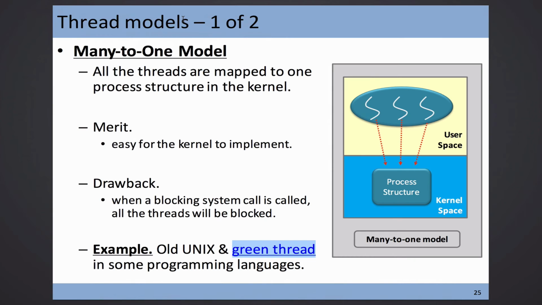That means you go down to the kernel level. The kernel doesn't think that you should continue to run. You have to wait for something. One thread calling it will hold hostage all threads. All threads are blocked together with you.